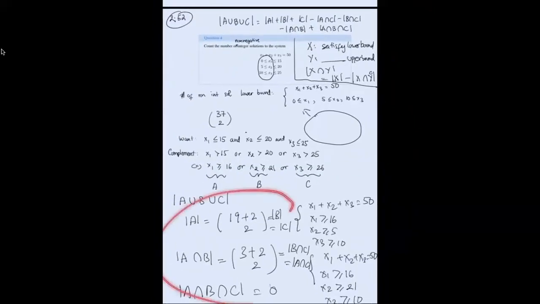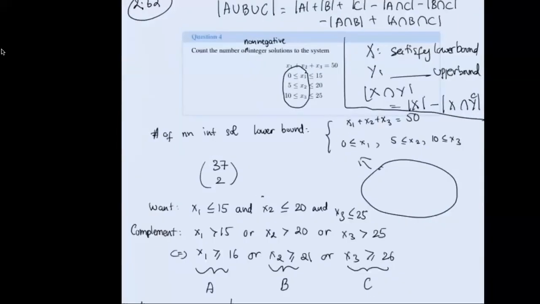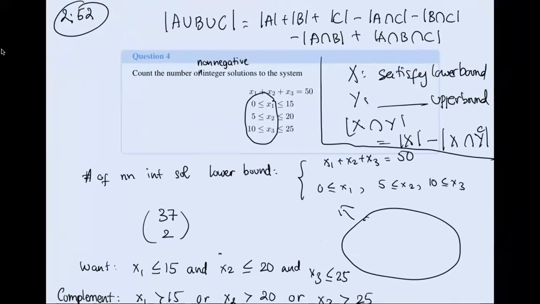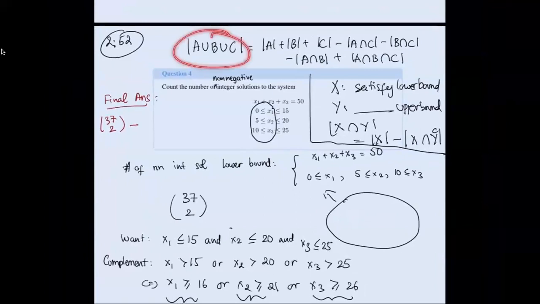And then you plug everything back into this step to calculate the cardinality of the union of 3. And then the final answer, I will write here for you. You will take the number that satisfy the lower bound, 37 choose 2, and subtract the cardinality of this.